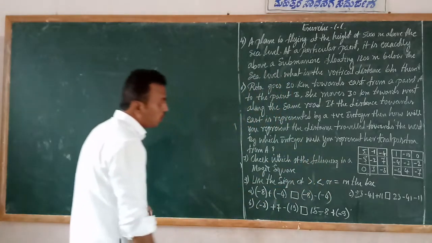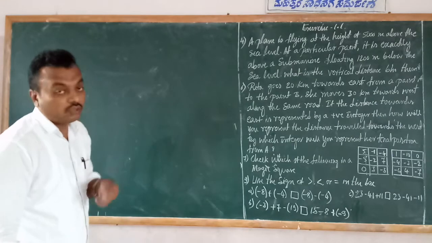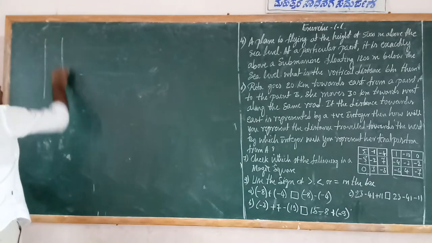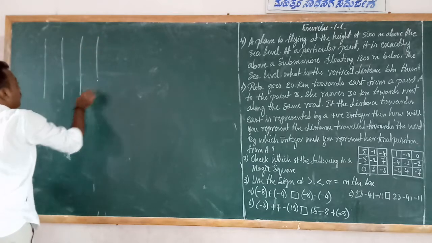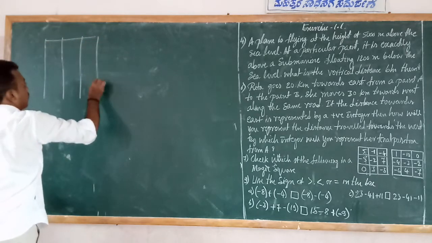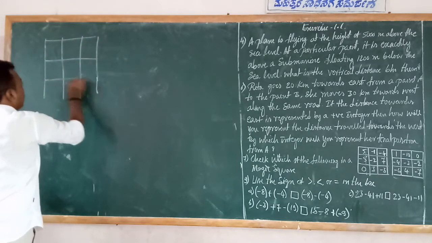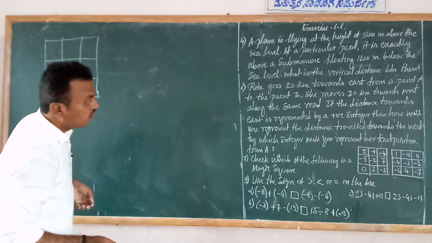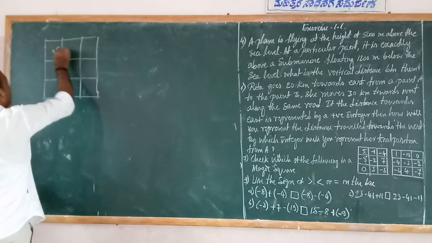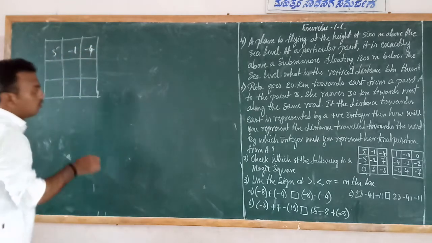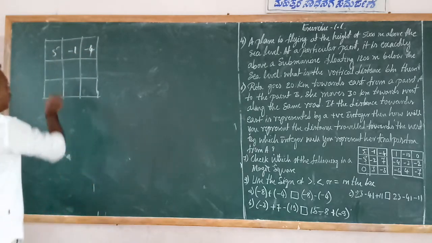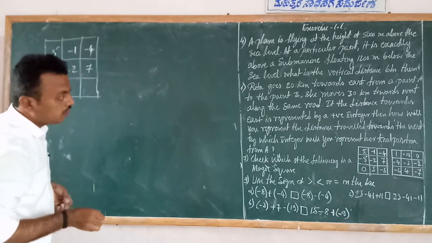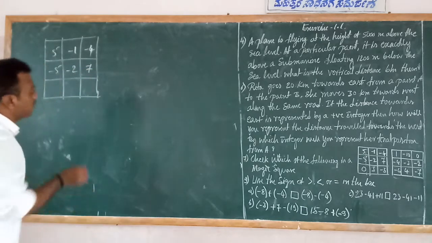See, I will show one of the magic squares, and the others you have to check. So the first one: 5, minus 1, minus 4; minus 5, minus 2, 7; 0, 3, minus 3.